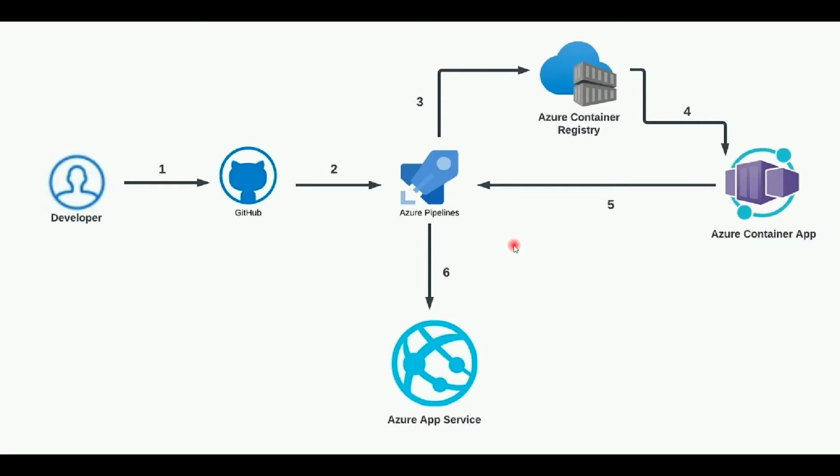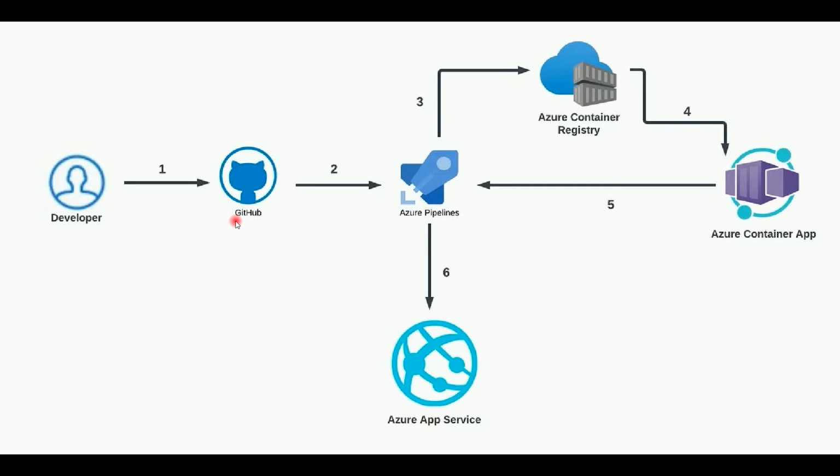In the build pipeline, if a developer makes any change on the GitHub repository, it will trigger the build pipeline in which it will pull the code from the GitHub repository and it will build the Docker container image, and it will push it to the Azure Container Registry. Here our build pipeline will end.